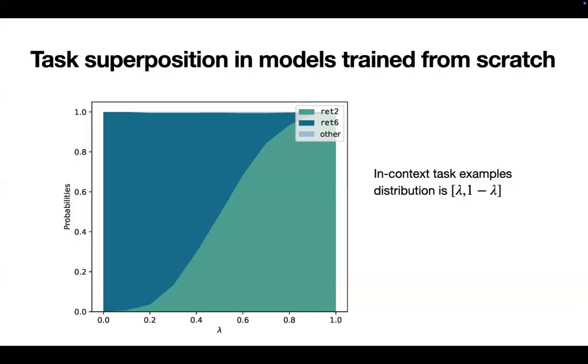What I mean by that is in training time, we only have examples corresponding to lambda equals 0 and lambda equals 1, corresponding to samples of one task. And during test time, if we interpolate this ratio like we did on the pre-trained model, it is still able to calibrate its output probabilities along with the task example distribution.